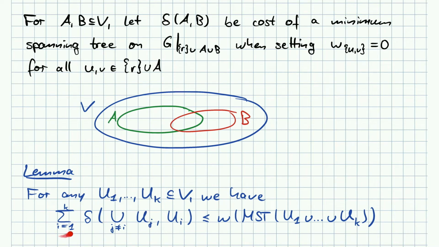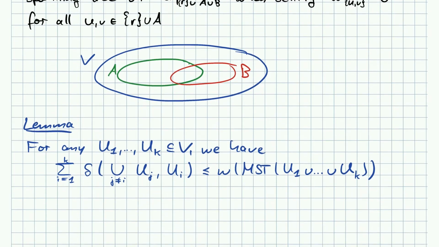And we're taking the sum over all i from 1 through k. So each of these k sets gets to be the set Ui exactly once. And we now say, okay, this we can upper bound by the cost of a minimum spanning tree. And how do we prove this?